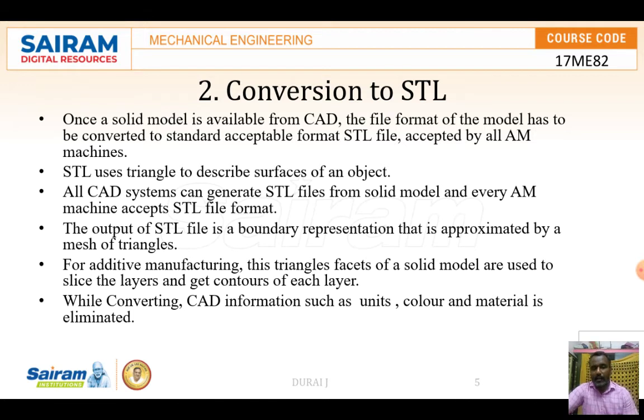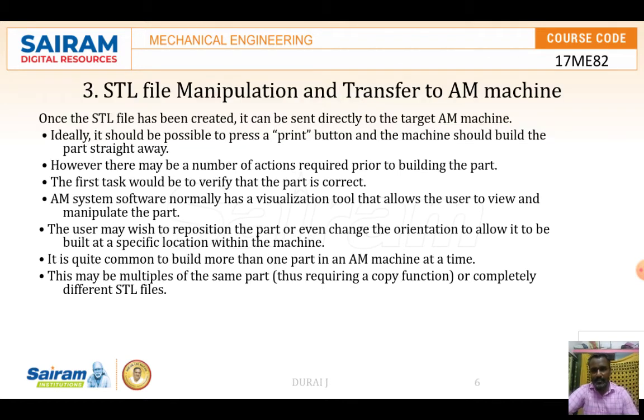It also requires the slice information, that is layer thickness and contour shapes. But units, colors and material are not required, so they are eliminated in this stage, the conversion to STL.